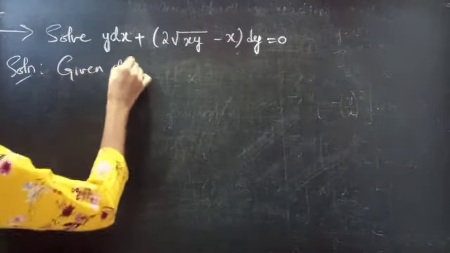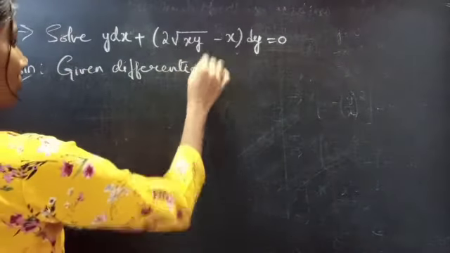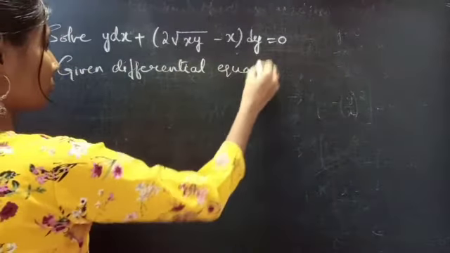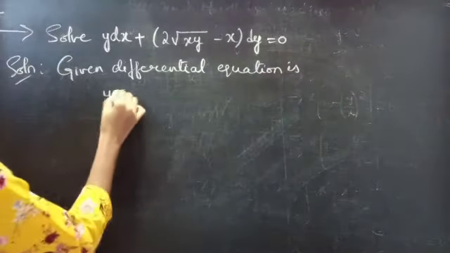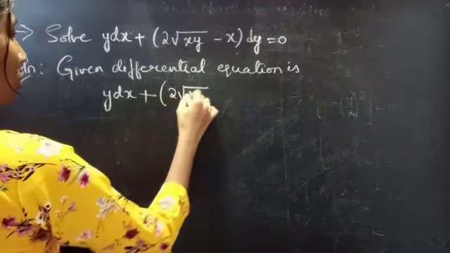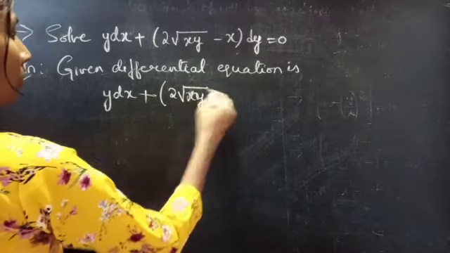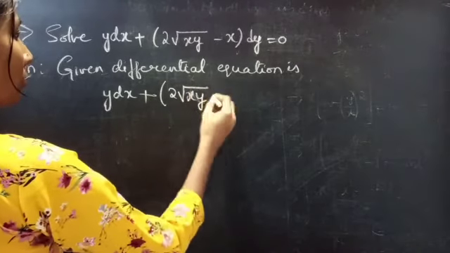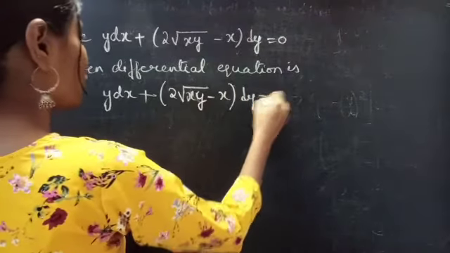Solution: given differential equation is y dx plus 2 into square root of xy minus x into dy equals to 0.